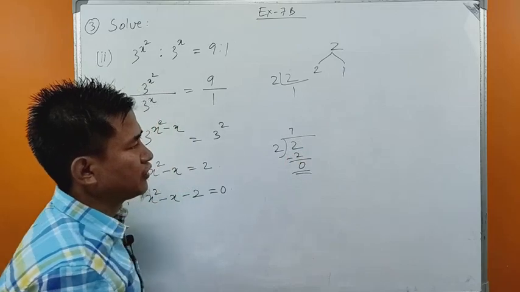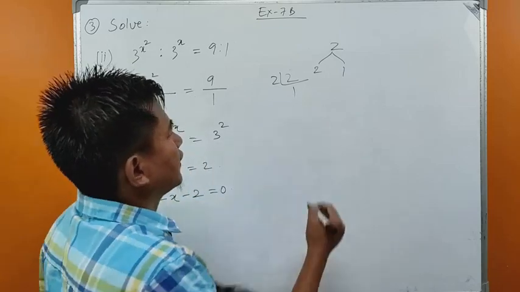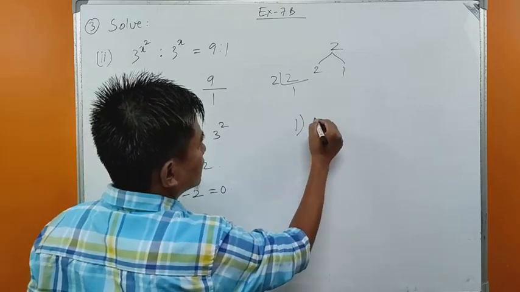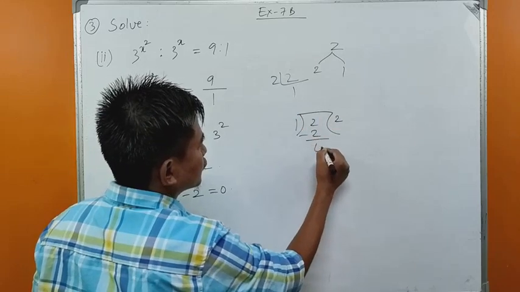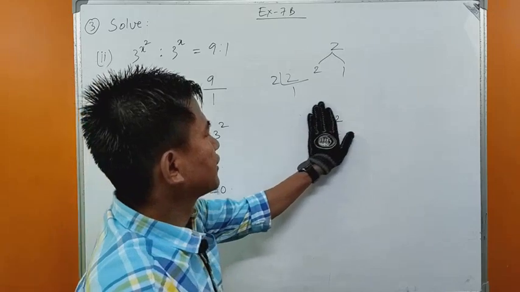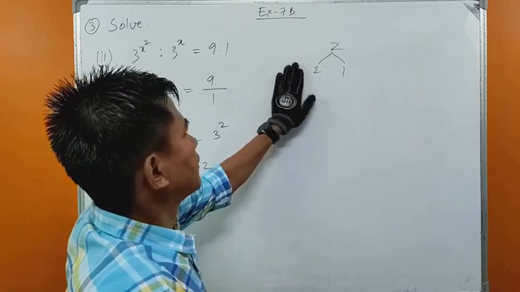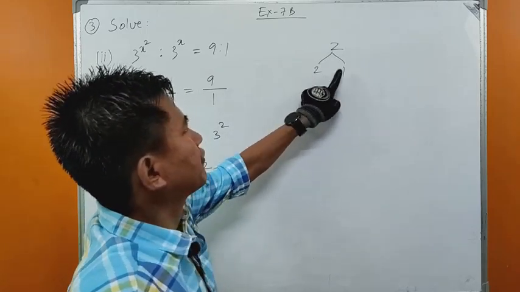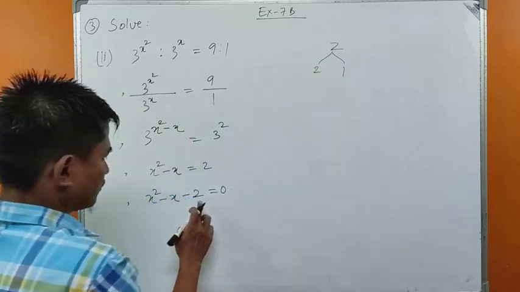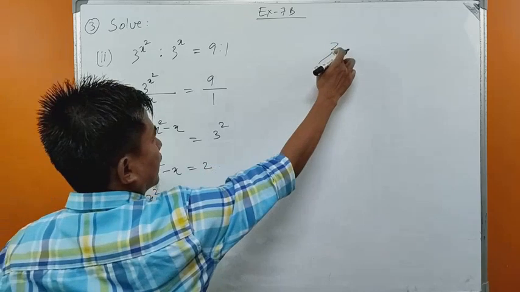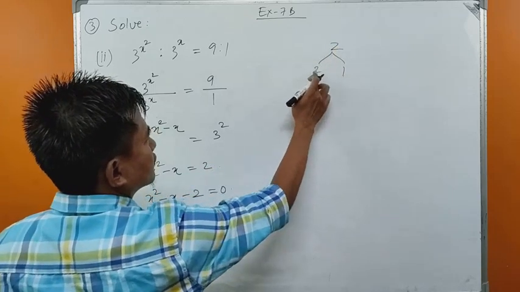Remainder is 0. Similarly, if I divide with this number 1, 1 2s are 2, 2 minus 2 is 0. If I get the remainder 0, that means these two numbers are the factors of 2. So I got the factors 1 and 2.